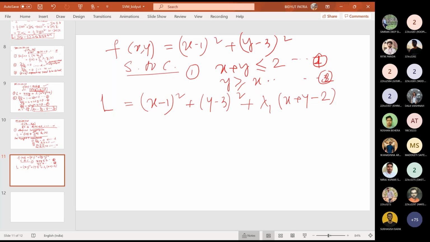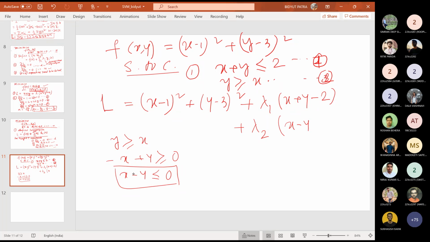We have to make it less than, so we multiply with minus 1: minus x plus y greater than or equal to 0 becomes x minus y less than or equal to 0. Therefore the second constraint will be lambda 2 into (x minus y). So this is the Lagrangian.